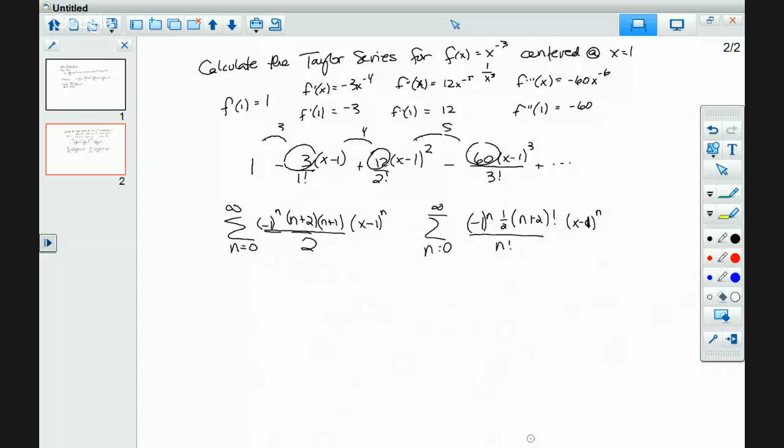So, well, there you go, you're generating a Taylor series. More than likely, you're gonna be asked this, maybe, probably not.